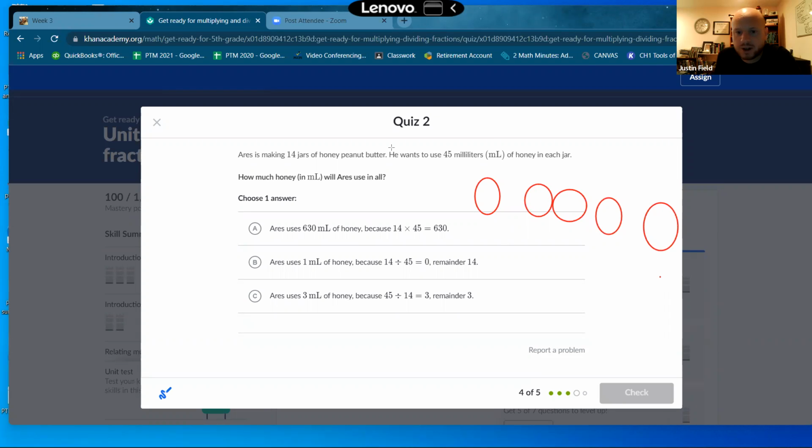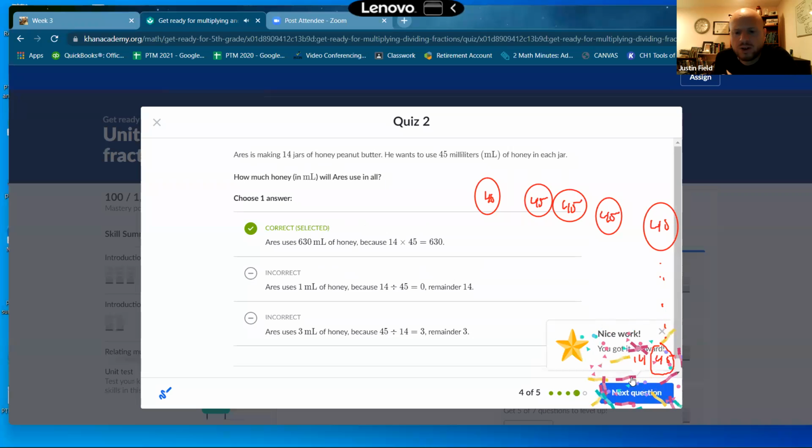I'm just going to put dot, dot, dot, dot, dot. 14, right? And in each jar, we want 45. And if I drew all the jars, there'd be 14 of them. So we can see 14 times 45.